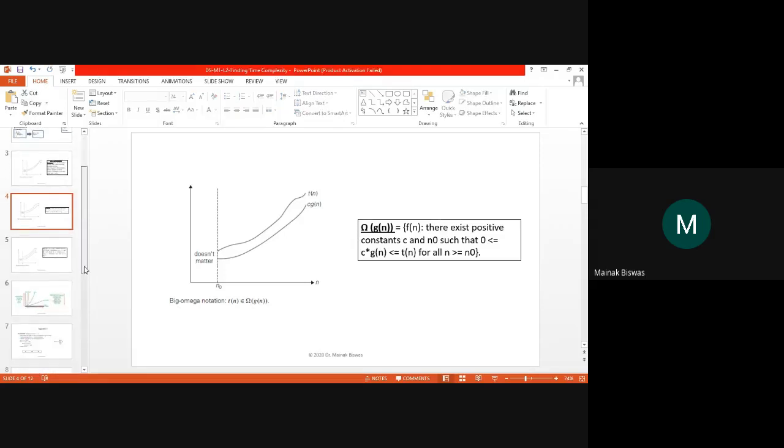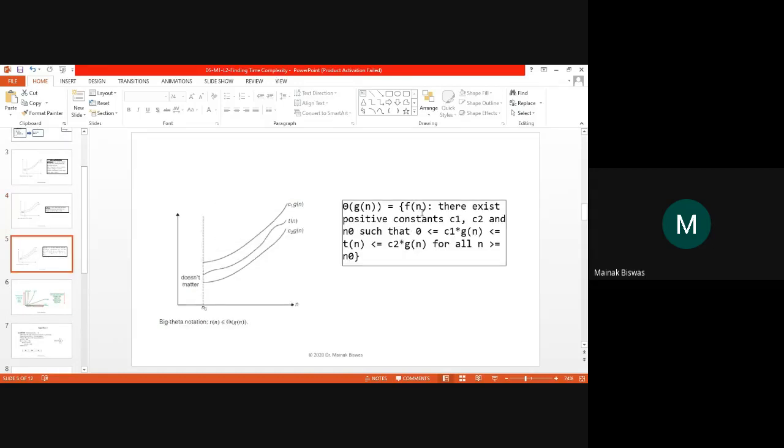There is something called theta. What is theta of g(n)? Theta is basically for two constants c1 and c2, T(n) will be in between c1 g(n) and c2 g(n). That is how the theta notation represents. Let us say c1 is 10 into n and c2 is 5 into n, and g(n) represents the n time complexity.